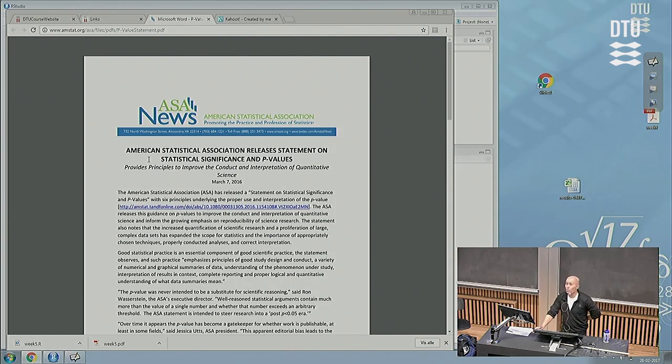They never before did that. Methodology was part of the research community and the research journals. And this March 2016, less than 1 year ago, is a statement on statistical significance and p-values. This is being discussed at the highest scientific grounds.